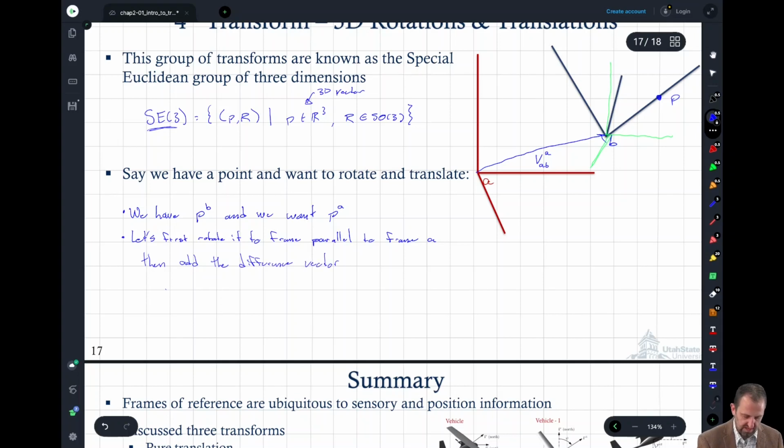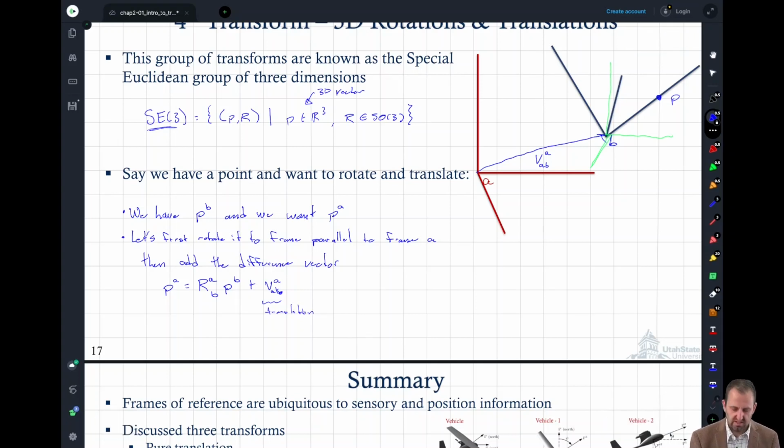Okay, so then if we said that we have point P in frame A, it is going to be R from B to A of point P in frame B, plus we have V_AB in frame A. So we have just our translation right here, defined in our frame A translation.